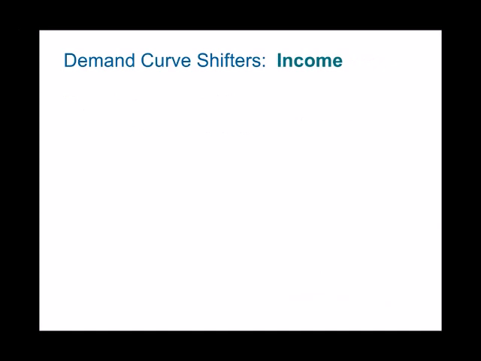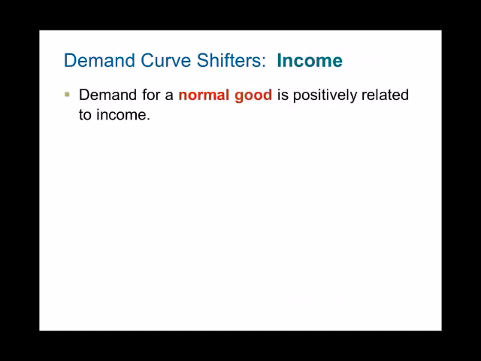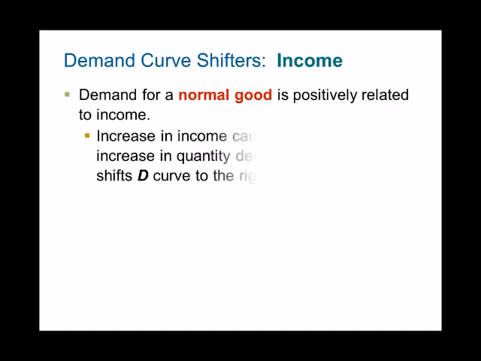The next factor is income. Now there are two kinds of goods that we talk about. One is called a normal good. Normal goods are those goods that are positively related to income. So as your income goes up, you tend to demand more of that product. Those kinds of products are things like restaurant meals.